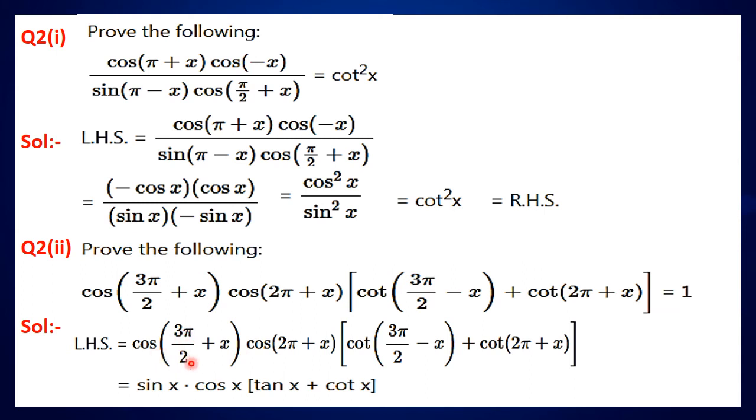So 3 pi by 2 is an odd multiple, so the co-function. The co-function of cos is sine, so sin x into, here 2 pi plus x is in the first quadrant, cos is positive, that is cos x, and cot 3 pi by 2 minus x is tan x, plus cot 2 pi plus x is cot x.